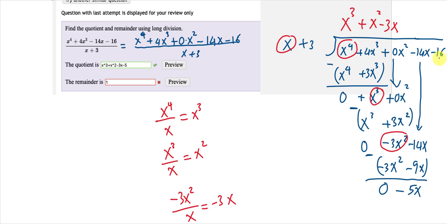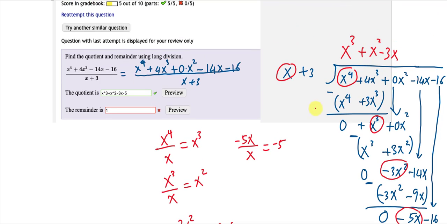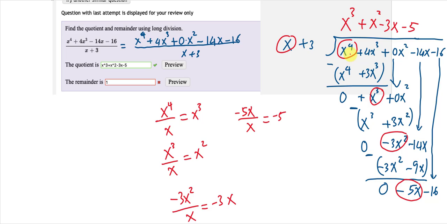Okay, and then I carry down the last term, which is minus 16. After I carry down, again I need to take the first term and divide by the first term here. So minus 5x divided by x gives me minus 5. The x's cancel. Right, so minus 5, the quotient goes here. So now I take minus 5, which is right here.